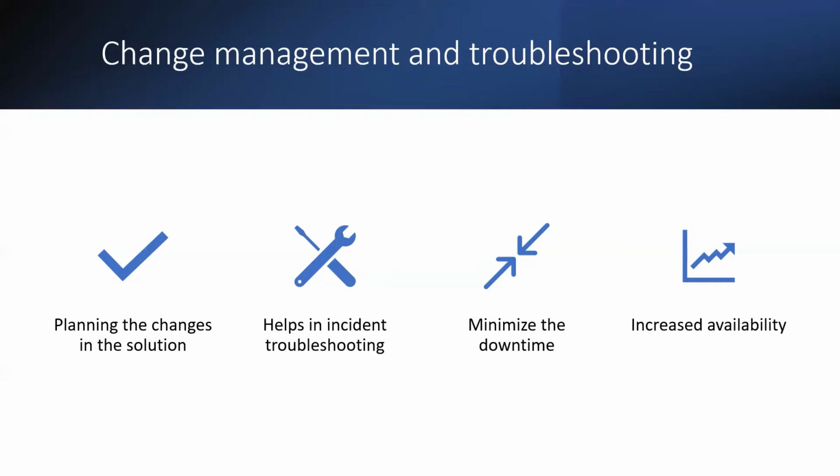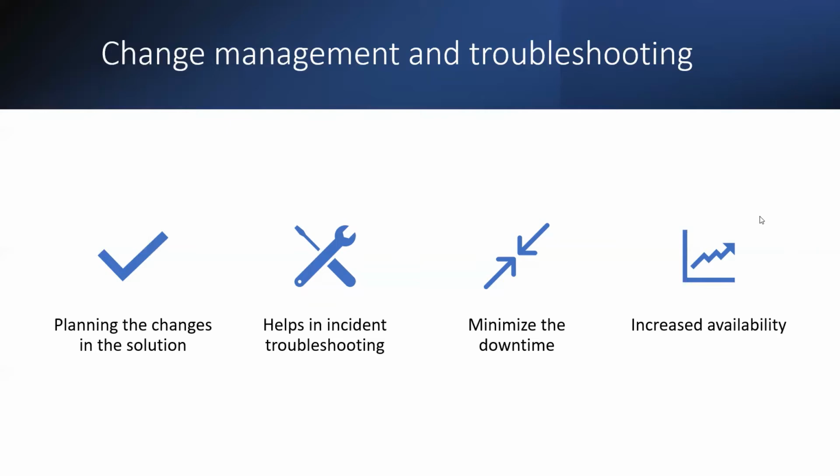When we can easily solve incidents and problems in the network, that minimizes the downtime. So the more information there is in the diagrams, the less downtime there will be in the whole service. And with minimum downtime, there is increased availability of the services from all perspectives of the architecture.